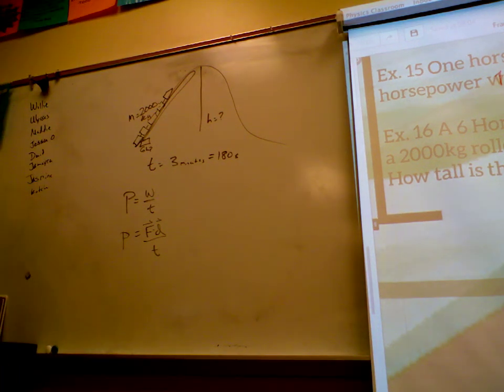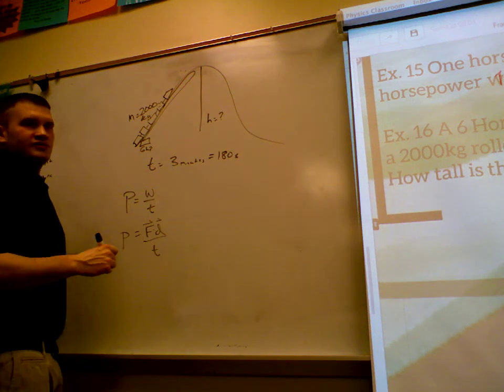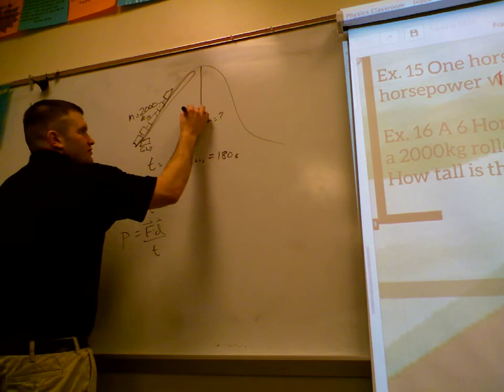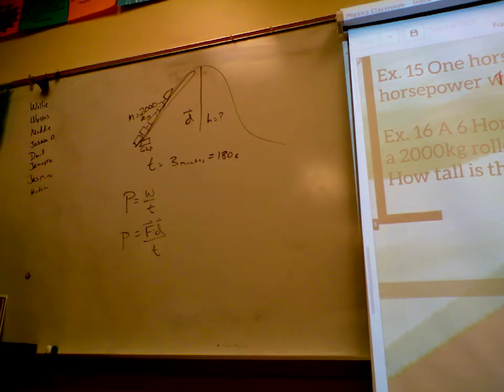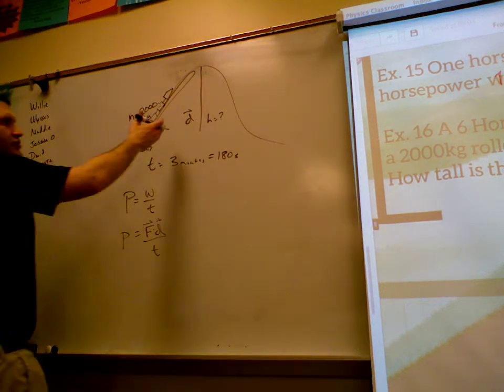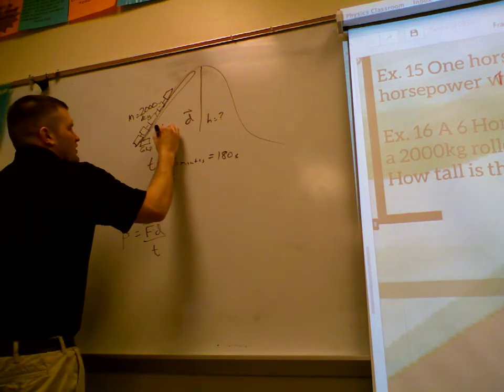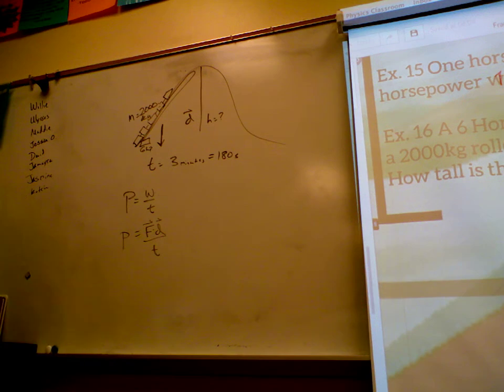What's this D? Displacement. It's the amount of displacement that's parallel to the force. So, what force is the roller coaster fighting? Gravity. So gravity points down, so that means the roller coaster chain's force has to point up.